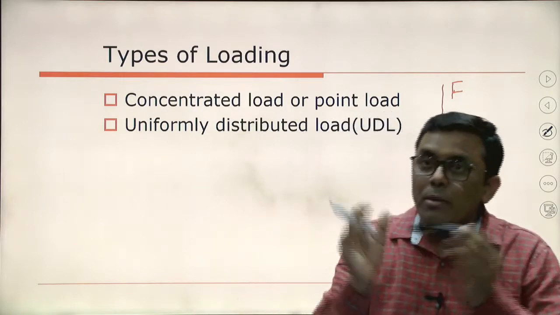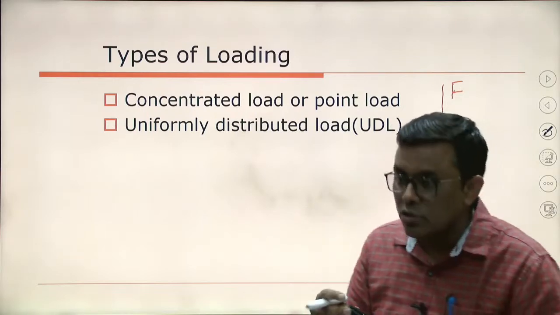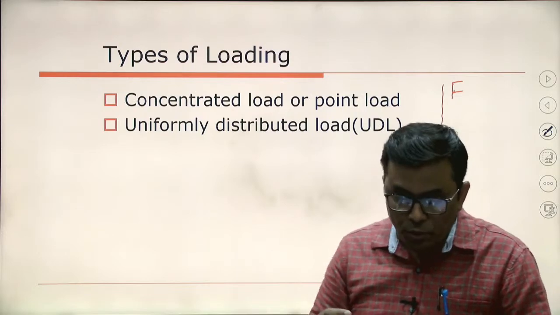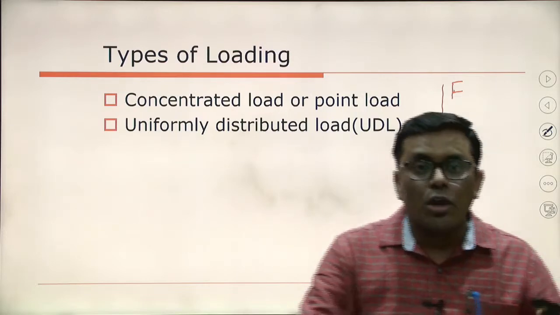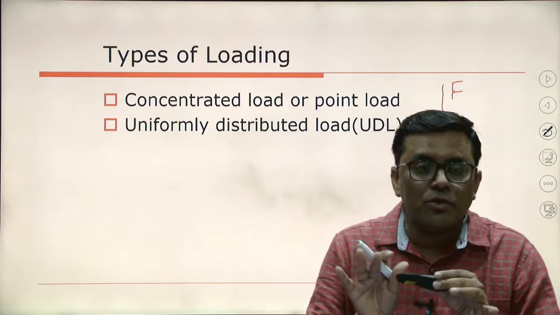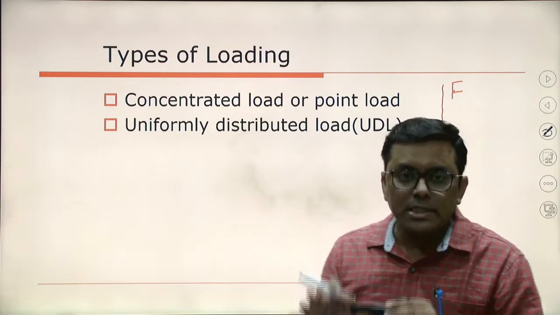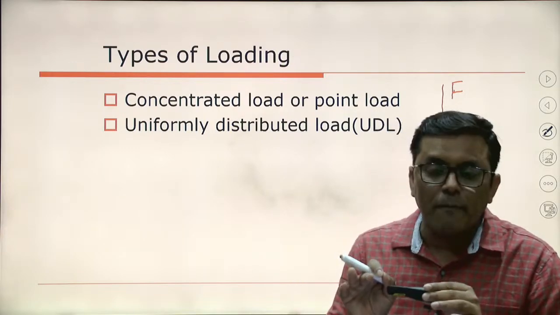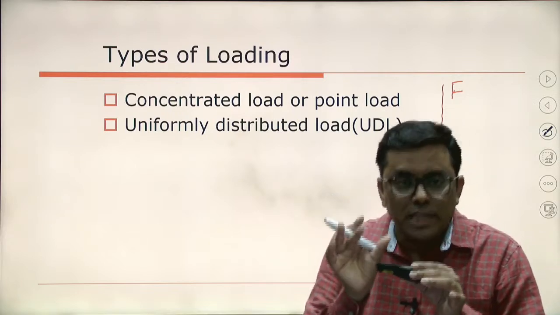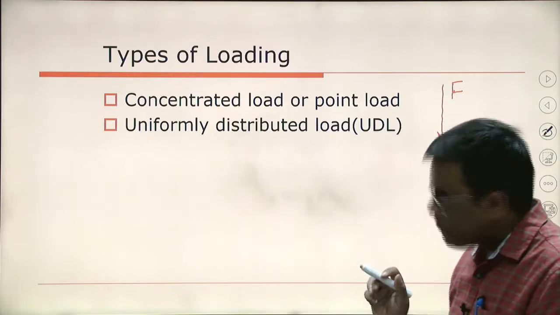If I am considering a tabletop on which I am spreading books, then it is also a uniform distribution. So the load intensity is not changing जितनी लेंथ की हम बात कर रहे हैं उस लेंथ के लिए. So it is the uniform distribution of load, UDL generally we call it.